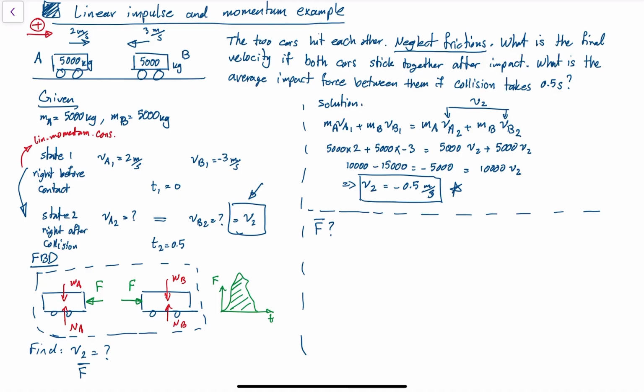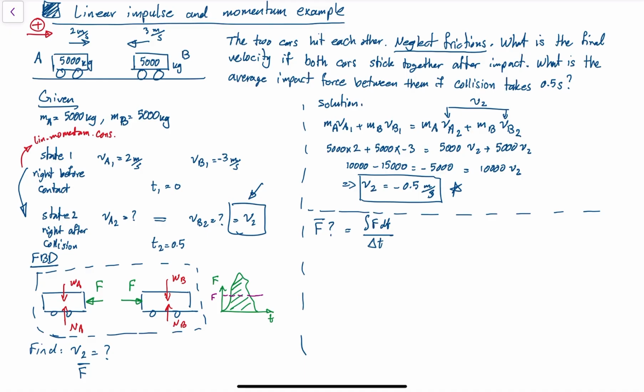Note that that's very good because I'm not looking for the value of F. I'm looking for average force, which I can write as the integral of F dt divided by the total time that has passed. This is what the average force is, essentially.